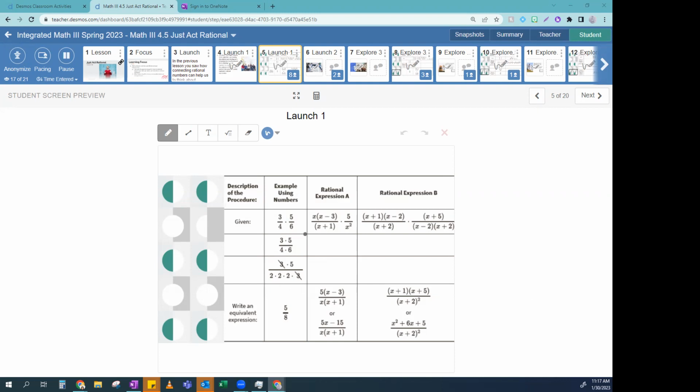What changed from here to here? Yeah, for me, they just kind of put the top with the top, yeah, and the bottom with the bottom. That's all they did. They just put the top with the top and the bottom with the bottom. Good. From here to here, what did they do?